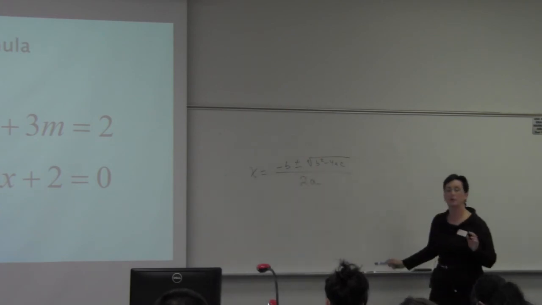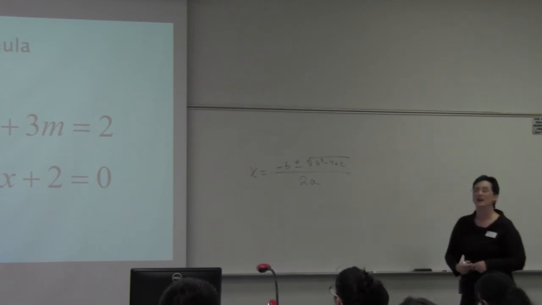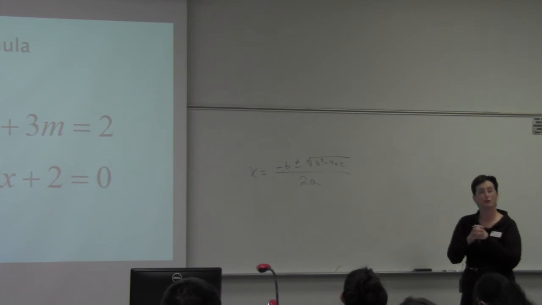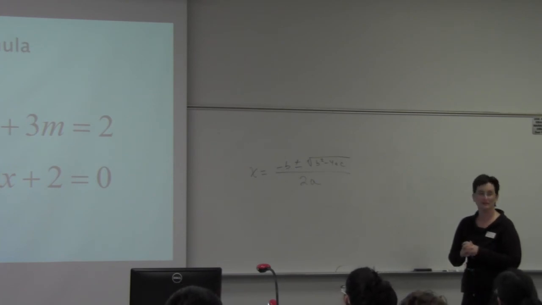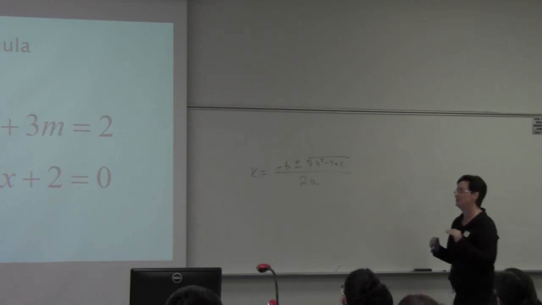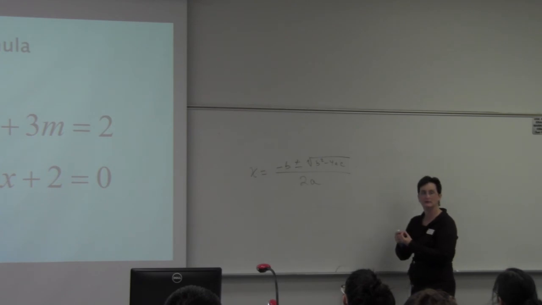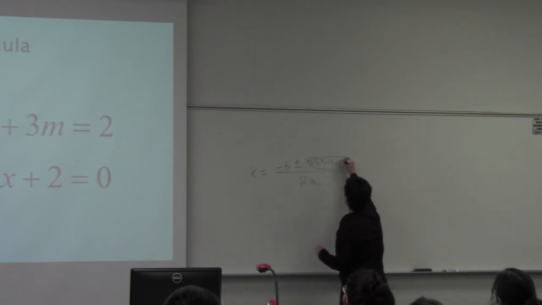Now, if you look at the problems that we did, those 2 that were up there, you notice that the first one, your answers were real. On the second one, what did you get? So the question is, what causes that to happen? What causes one to be real and one to be imaginary? A negative number where?